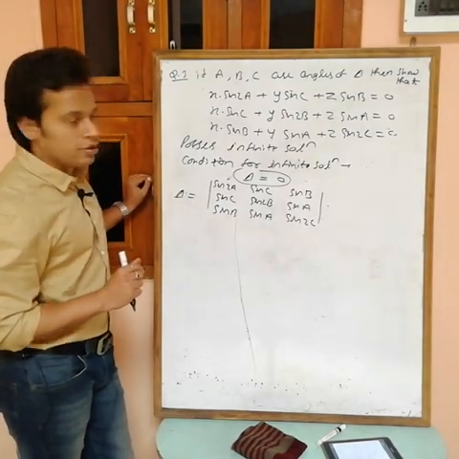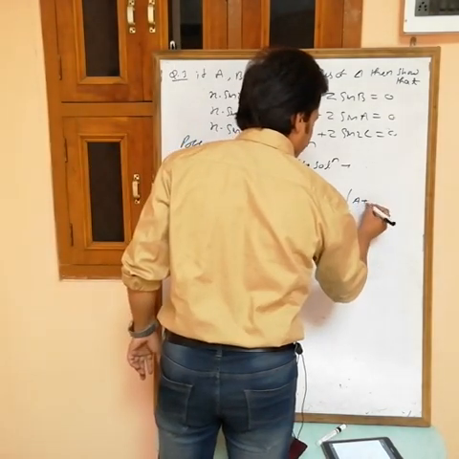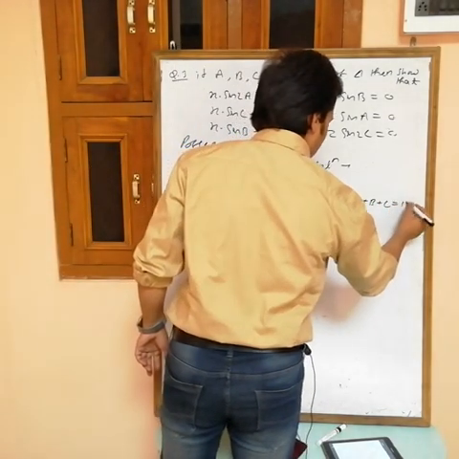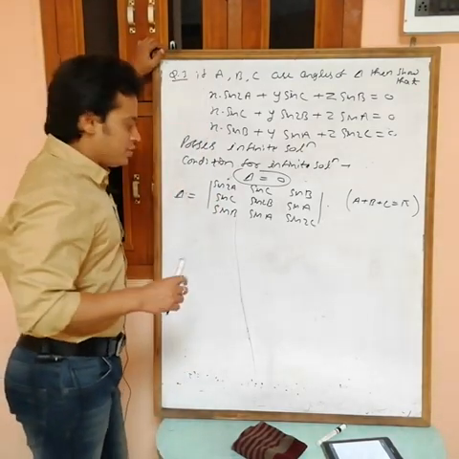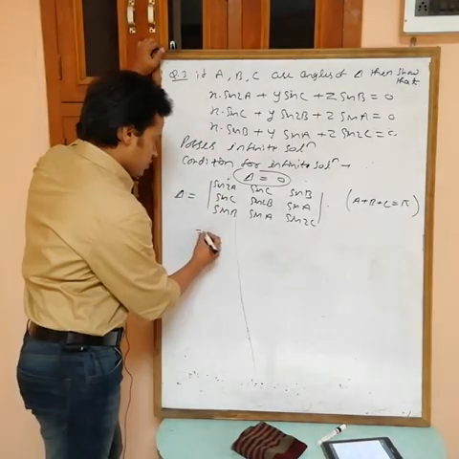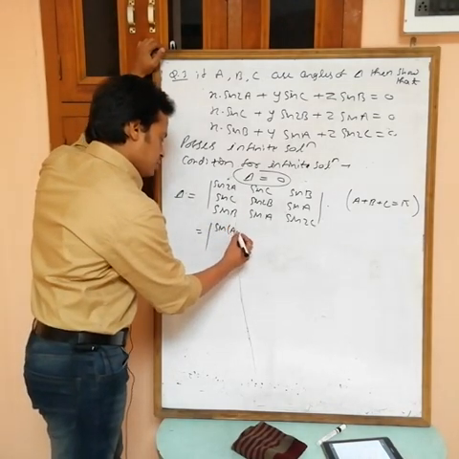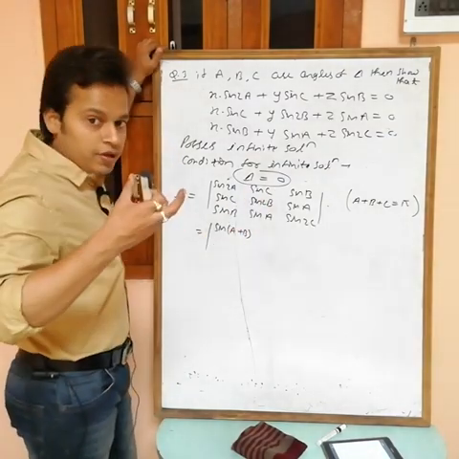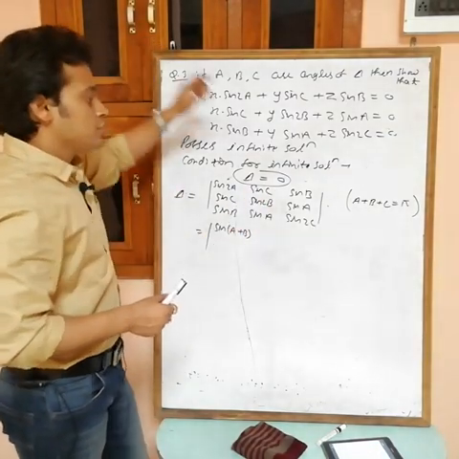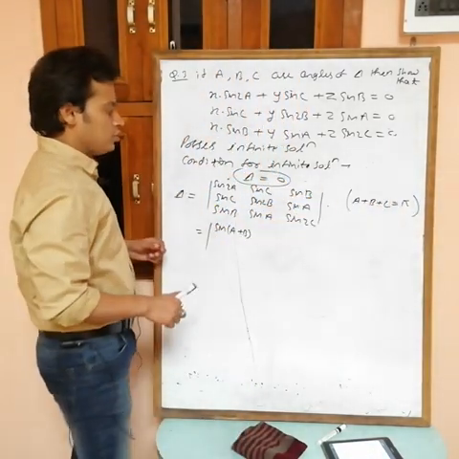It is given that ABC are angles of a triangle. It means A plus B plus C equals pi. Okay, now we have to use this because it is given. Okay, see, 1 minute. Sine 2A can be written as sine A plus A. Now can you write C in terms of the sum of two angles? C equals pi minus A plus B. Okay, na?